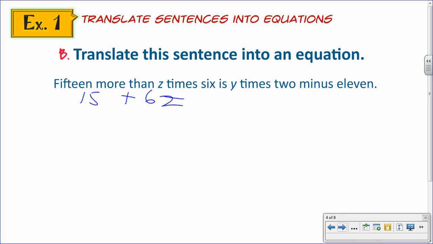You put it in front, right? Equal sign, 6 times y, times 2. So does 2 go in front or at the end? In front. Good. Does it matter? Yeah, it matters big time.